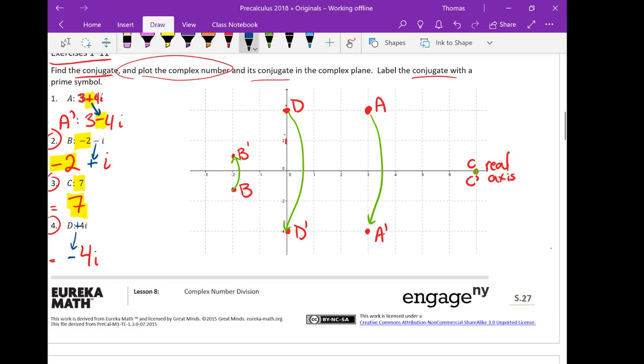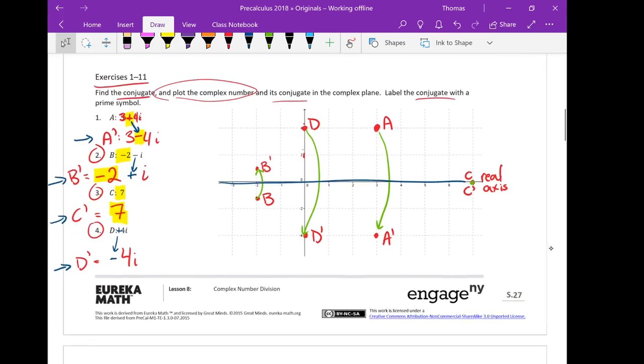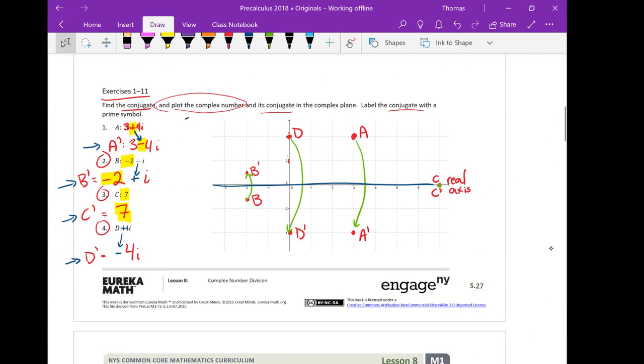They're being mirrored over this real axis. So as a transformation, what we would say is geometrically, the conjugate gives us a reflection. Right? Throw back to geometry, a reflection over the real axis.